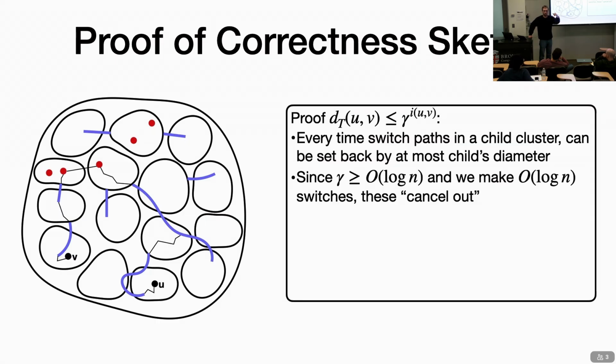This gets absorbed because u and v are one level up. Basically, you can lose the diameter of your smaller cluster, and you can lose it log n times because you make log n hops. So then those sort of cancel out. If that makes sense.